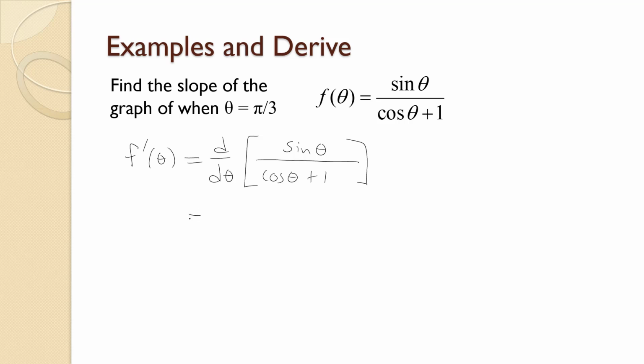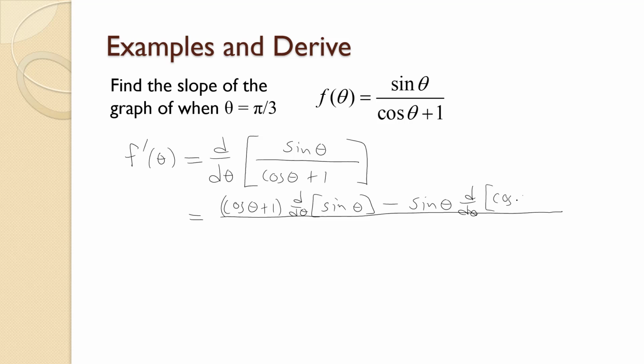So that would then be equal to big, long bar. I'd have the denominator multiplied to the derivative of the numerator minus the numerator multiplied to the derivative with respect to theta of the denominator. And then I have the denominator squared. That's the derivative. I just go back now and just kind of clean that up.